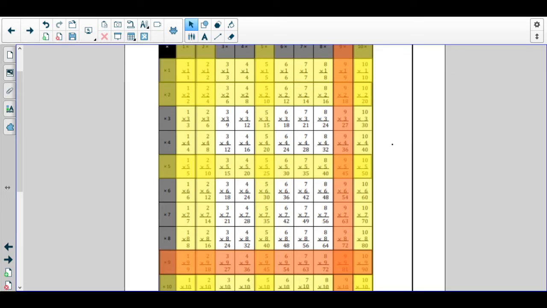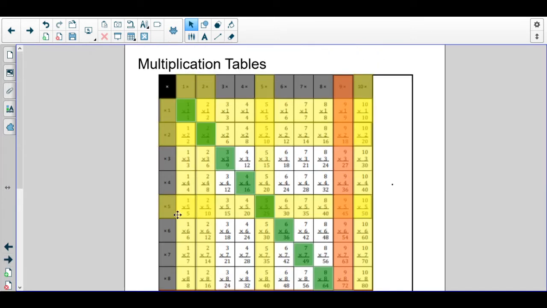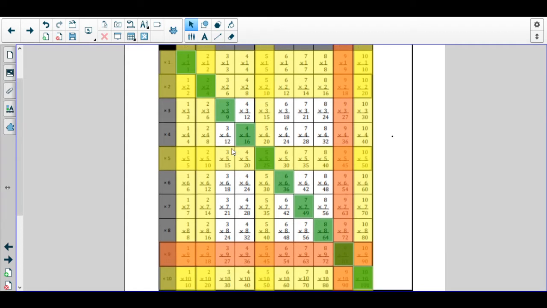All right, we are going to take a short little detour from the Go Math book and talk about a special set of numbers that we should have memorized. Just like you would have your doubles with addition, like 1 plus 1 is 2, 2 plus 2 is 4, 3 plus 3 is 6, and so on, we're also going to be looking at this unique set of numbers that we call perfect squares.